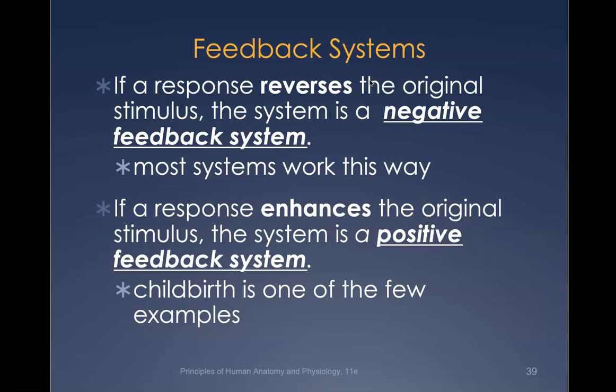The majority of the systems in our body are going to be what's called a negative feedback mechanism. And I want you to put next to this negative feedback system, i.e. maintain homeostasis. Because this is where our negative feedback system is where we're going to have a response that's going to bring us back to homeostasis.